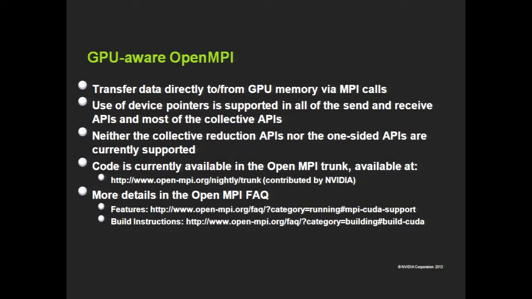GPU-aware MPIs, we heard a lot yesterday in the talk from Professor Panda. What does it mean with the introduction of unified virtual addressing? The MPI implementation knows when it gets a pointer where the data resides, if it is in the GPU memory or if it is, for instance, in the host memory.